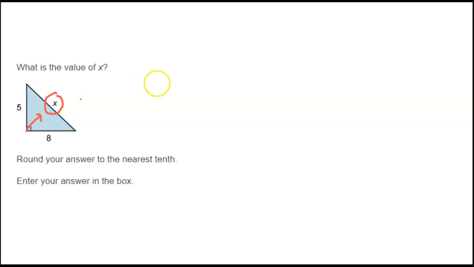So set up your Pythagorean theorem so that you're substituting a squared plus b squared is equal to c squared. You're going to go ahead and substitute the value of a, the value of b, and of course, find the value of c.